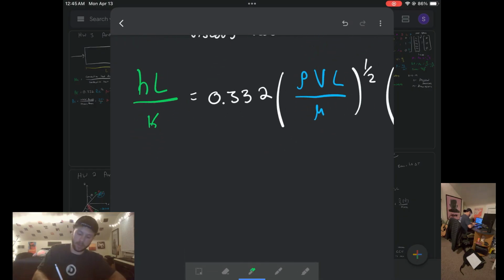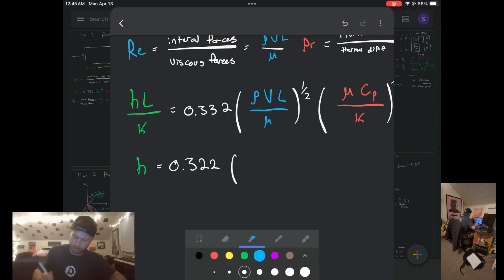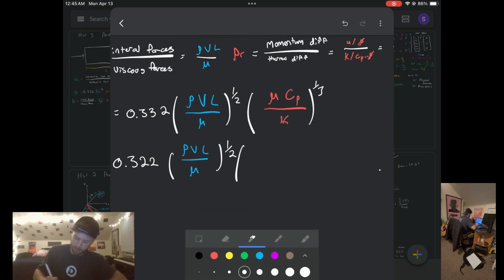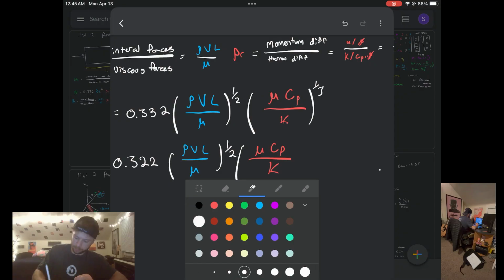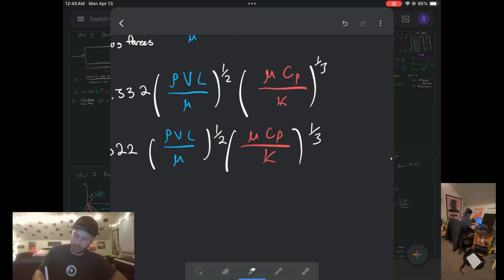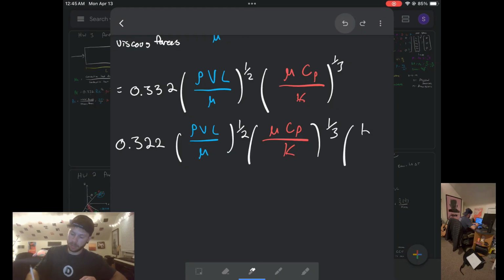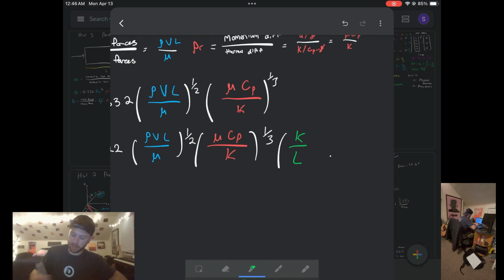So if we multiply this out, we'll say H is equal to 0.332 times the same thing, and then this will be multiplied by what would be left of our Prandtl number, so thermal conductivity over our length.